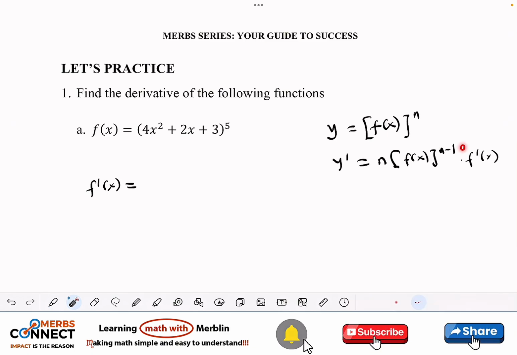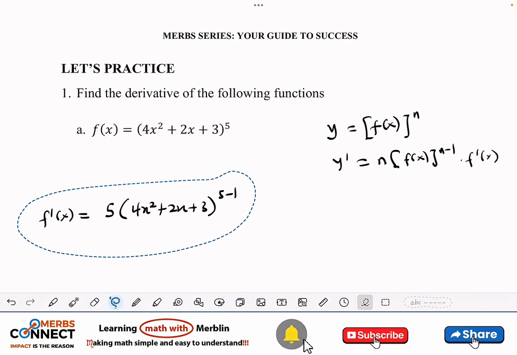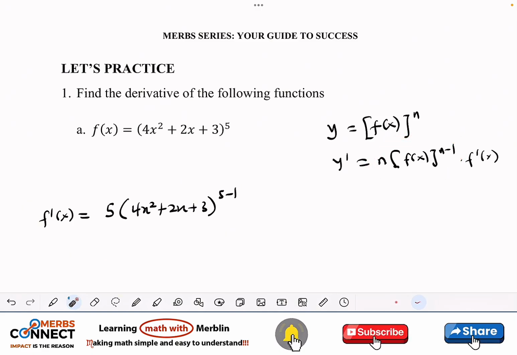So first we need to apply the power rule. The power rule goes first. So 5 drops down. I maintain everything in the parentheses, I don't touch it. Then 5 minus 1. So we are following the trend here. Then when you finish, I need to multiply this one by the derivative of what is inside the parentheses, because finding f prime was the f prime which was here.